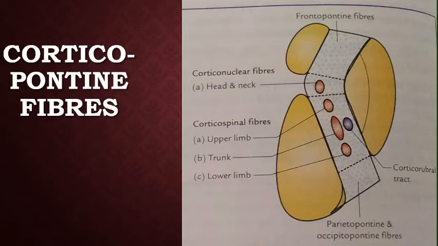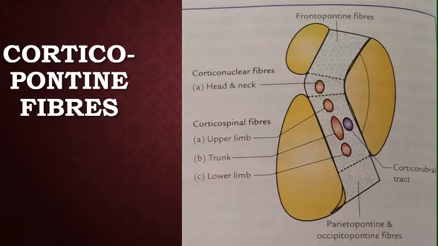Now going to the extrapyramidal fibers. Extrapyramidal fibers arise in the cerebral cortex, relay in the subcortical gray matter belonging to the extrapyramidal system, that is red nucleus, substantia nigra, and corpus striatum. They are named according to their destinations.